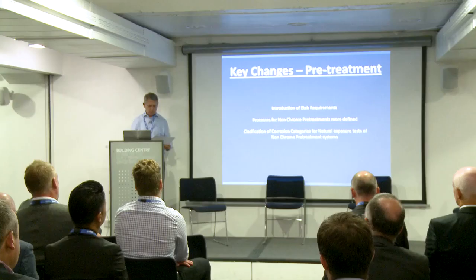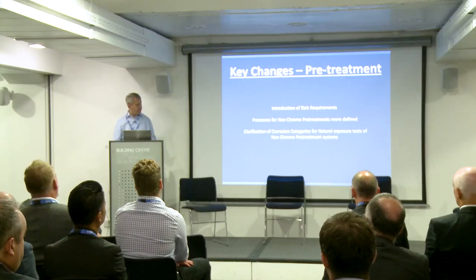And we've done it so that the equivalent performance is the same for all the different pre-treatment systems. So that means that if you do it correctly, whichever pre-treatment system you use, you will get the right result at the end. And that's all we're really interested in. So the specification no longer is a chrome-based one, or wants pre-anodising or wants chrome-free. Any can be used. They're all equal, and they all give the right performance.